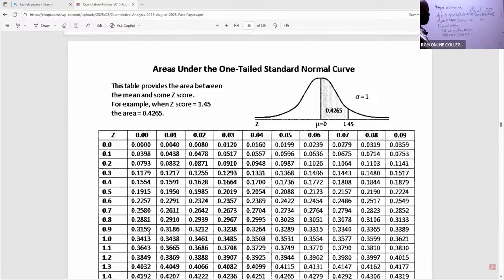So this will be 0.5 plus 0.3159. D1 is the same as the Z score, 0.90, 0.3159. Then N(D2) is 0.5 plus the entry of D2, and D2 is 0.54. Are you able to see 0.54 is here?